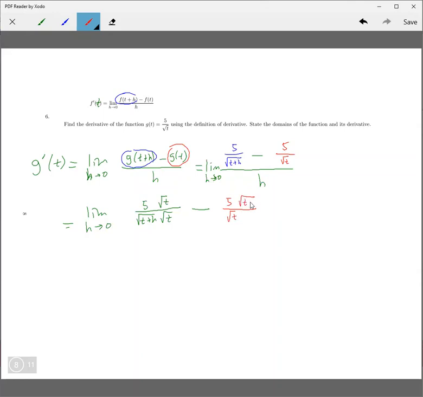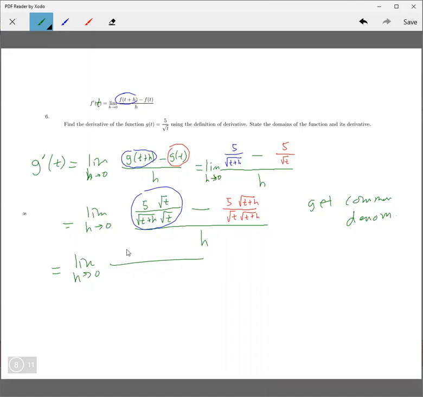We're going to multiply by the square root of t plus h over the square root of t plus h. So this is just getting a common denominator.